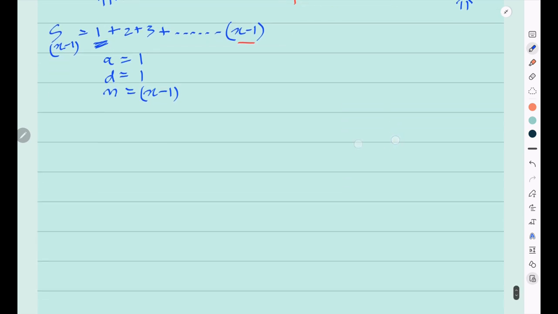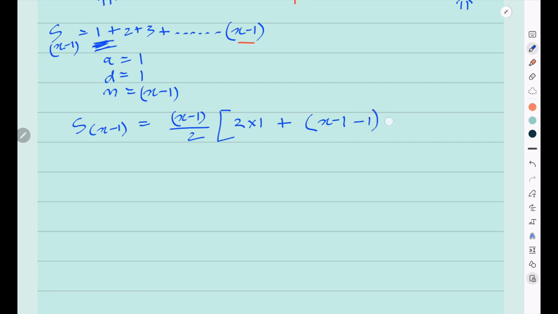That is very important. So in that way, S(x minus 1) will give us, let us apply the formula, n by 2 times 2 times the first term, which is 1, plus the number of terms minus 1, here x minus 2, times the common difference 1.